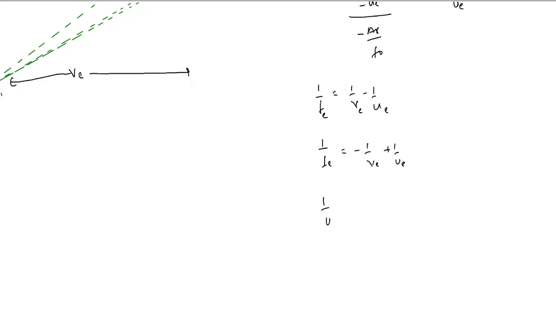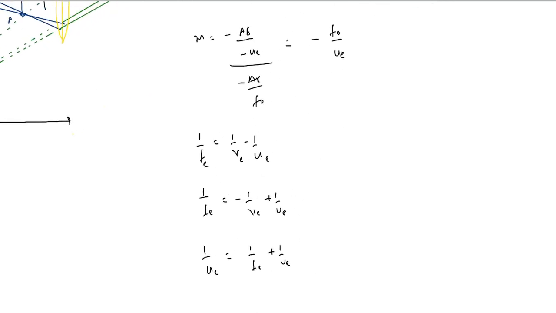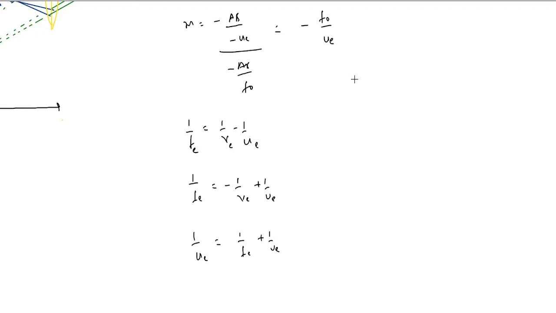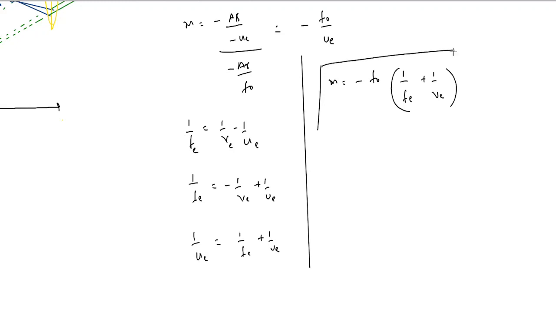Therefore 1 by UE from here is equal to 1 by FE plus 1 by VE. Putting it back in this expression for M, what we get is M is equal to minus of F naught, times 1 by FE plus 1 by VE. This is what is magnification.